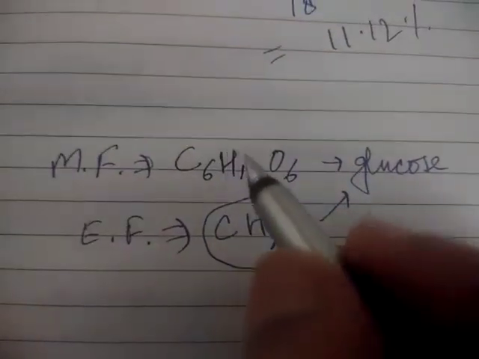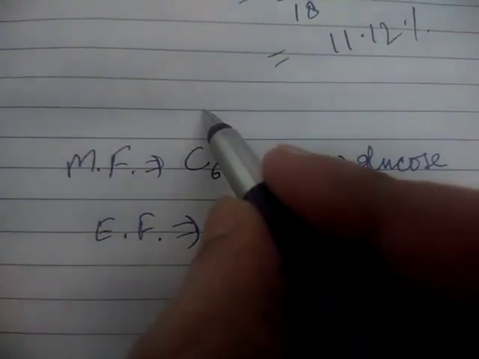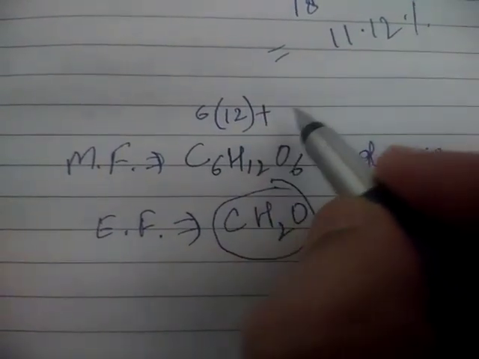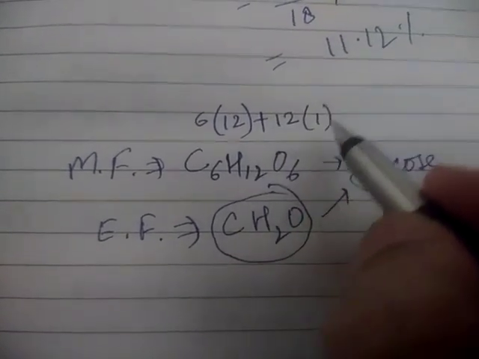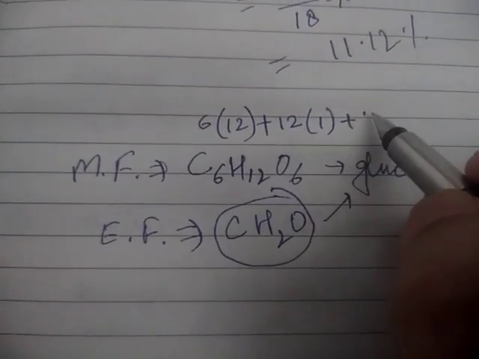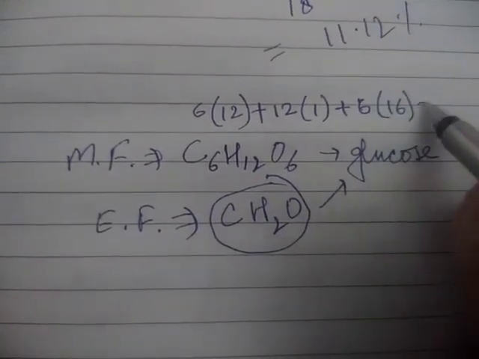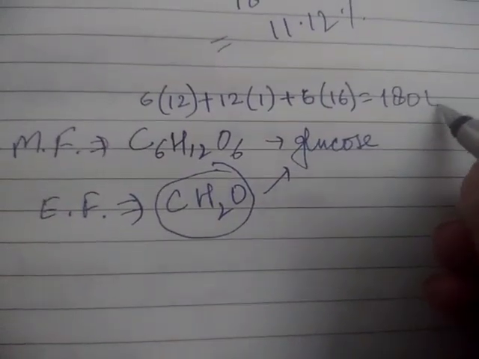Now what is the molecular mass of glucose? We know 6 atoms of carbon are there and 12 is the atomic mass of one carbon, then 12 atoms of hydrogen are there and 1 is the atomic mass of hydrogen, plus 6 is the number of oxygen atoms and 16 is the mass of oxygen, so I guess it will come out to be 180 units.